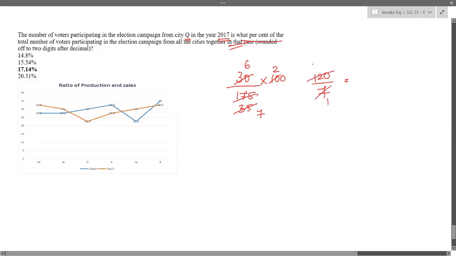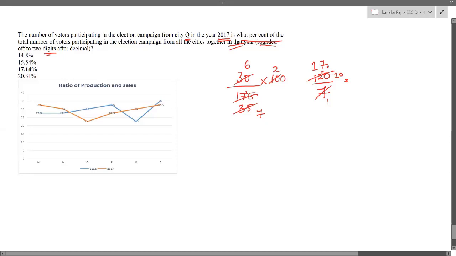What is 120 divided by 7? 7 1s is 7. So what is the remaining? If I subtract 7 from 12, what do I get? I'll be remaining with 5. So 7 7s is 49. 17 point. So they're asking us to find rounded off up to 2 digits. So I need to find 2 digits after my decimal. So what am I left out with? I'm left out with 10. So 17.1.